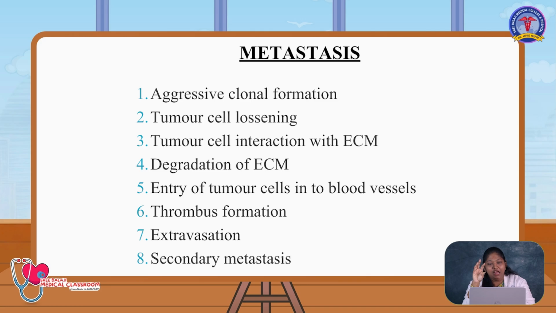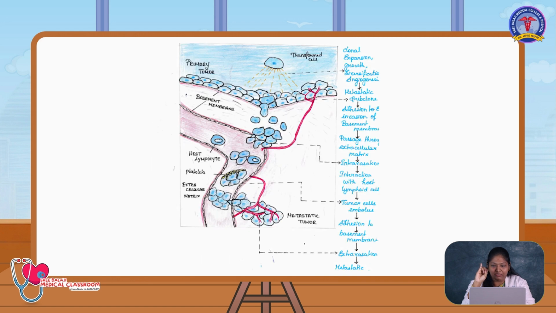So again I am telling, first is clonal expansion or clonal formation, that is tumor heterogeneity. Next is tumor cell loosening with interaction of the extracellular matrix by E-cadherin.